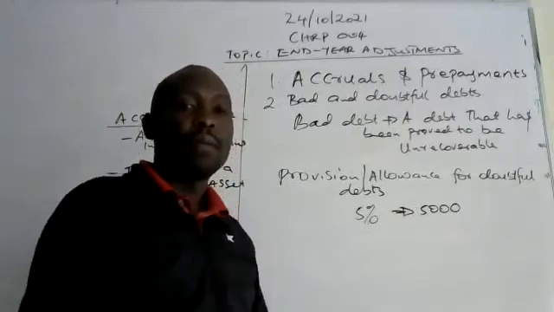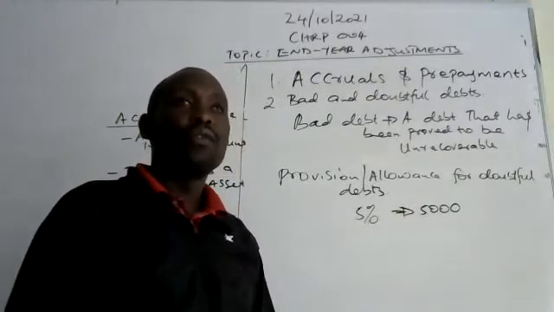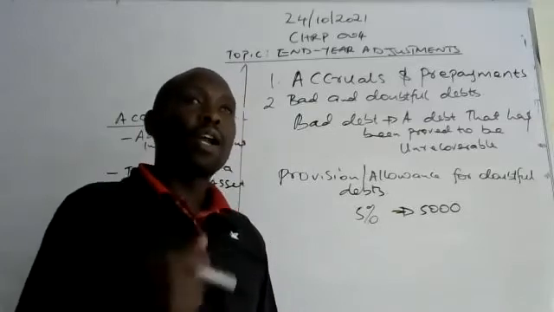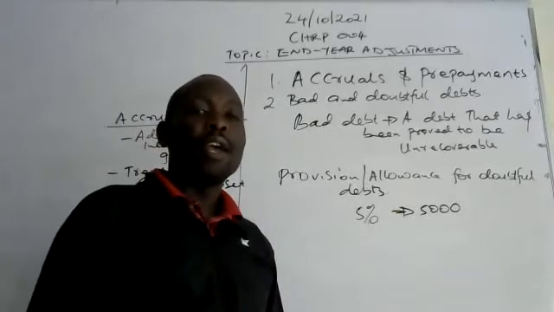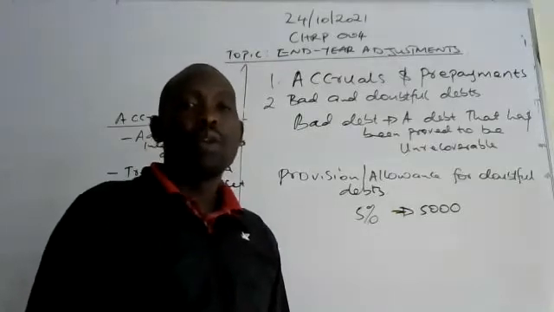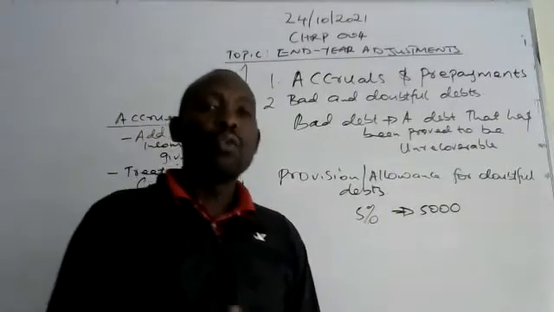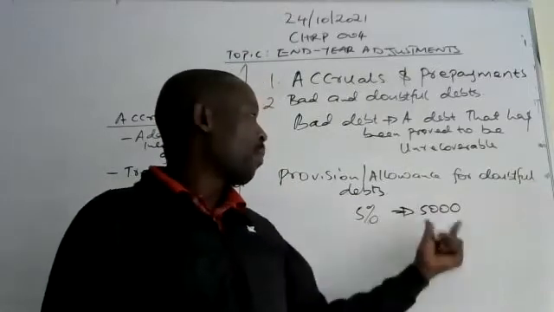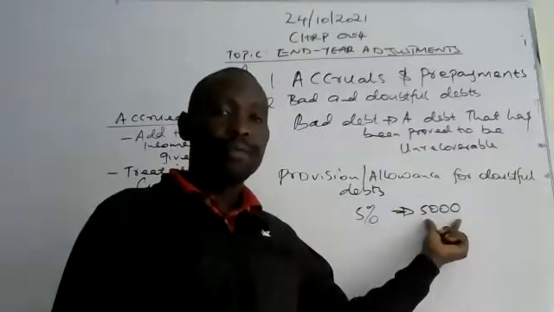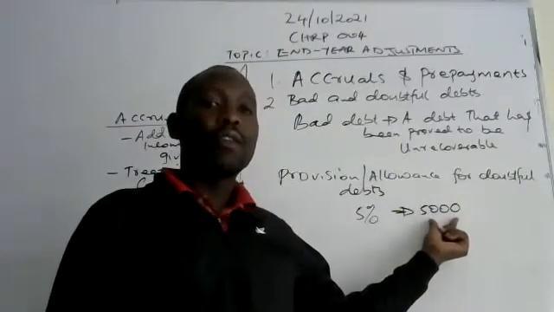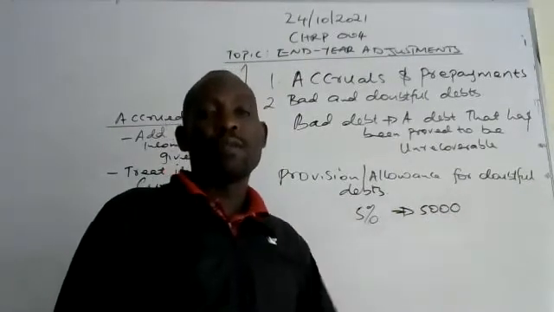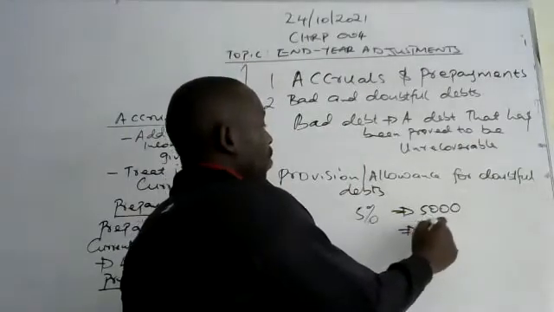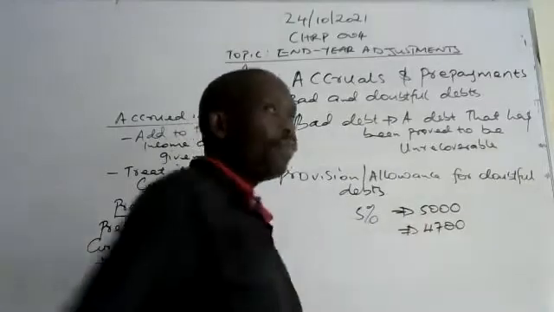This one is normally made at the beginning. The provision is normally made because you are estimating. You estimate at the beginning of the year, and then the business will run for the whole year, and then at the end you will confirm. Upon confirmation, two things are likely to happen. One, either your provision was more, meaning that you had estimated that you will not receive 5,000 from the debtors, but on confirmation you find that what you will not receive is maybe 4,700.